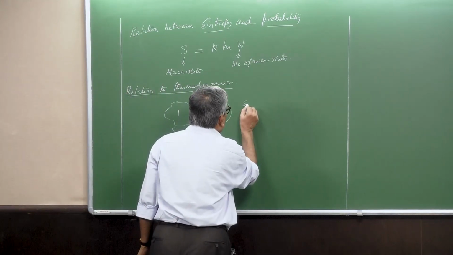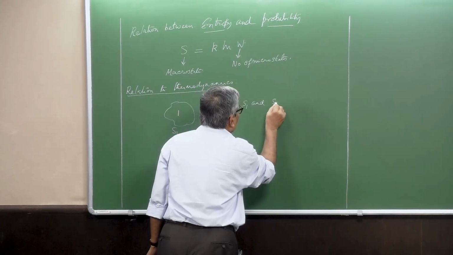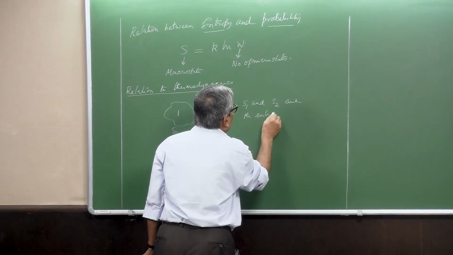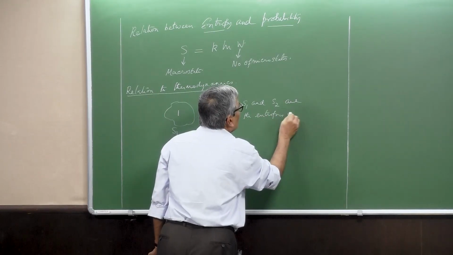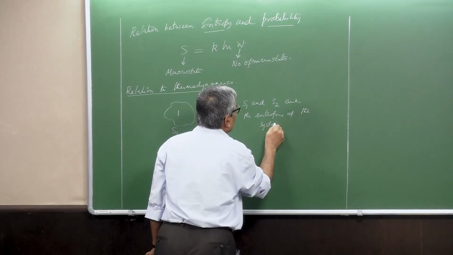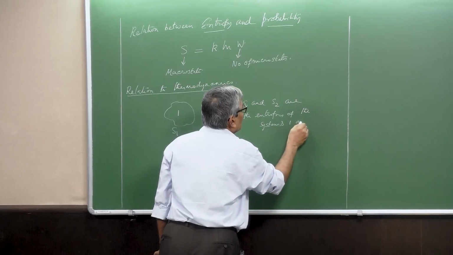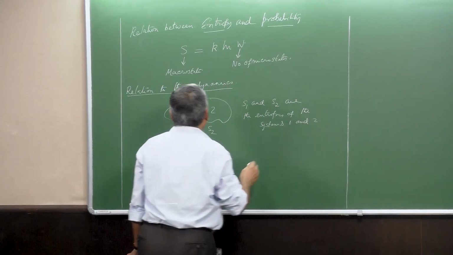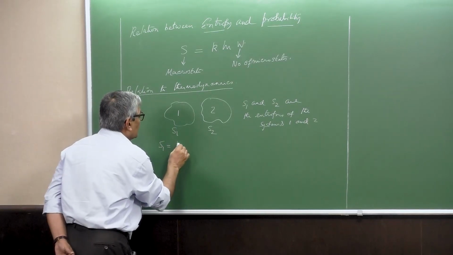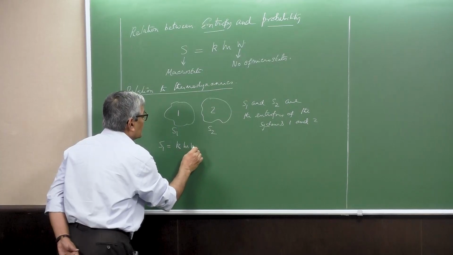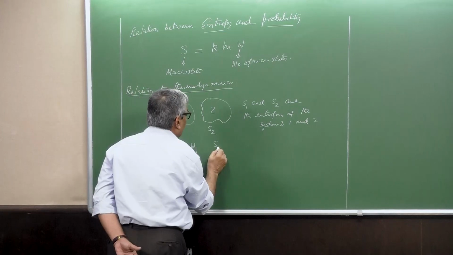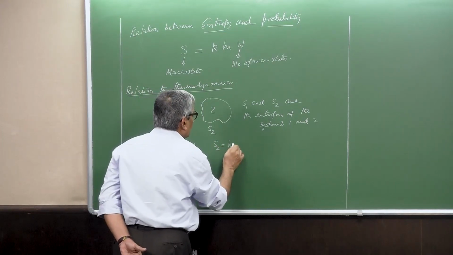So S1 and S2 are the entropies of the systems 1 and 2, and we can write S1 is k ln W1 and S2 is k ln W2.